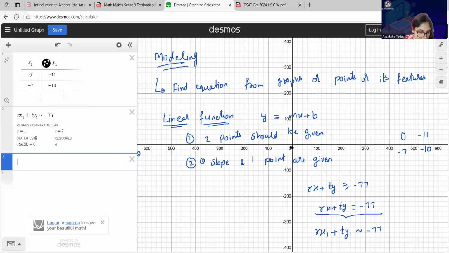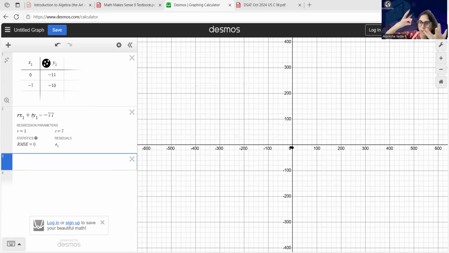See if you get all of this and then we'll move forward. And when we will be using modeling, either they want you to find the equation.